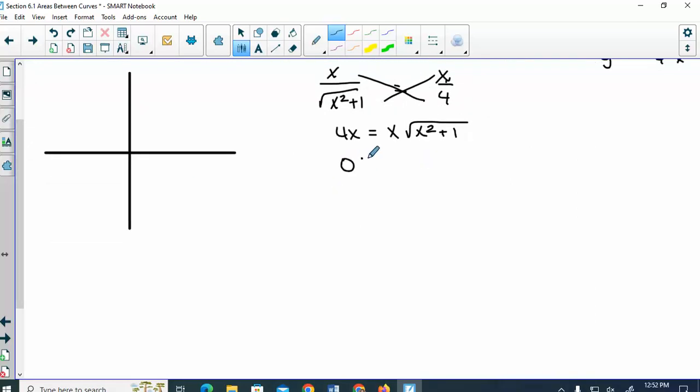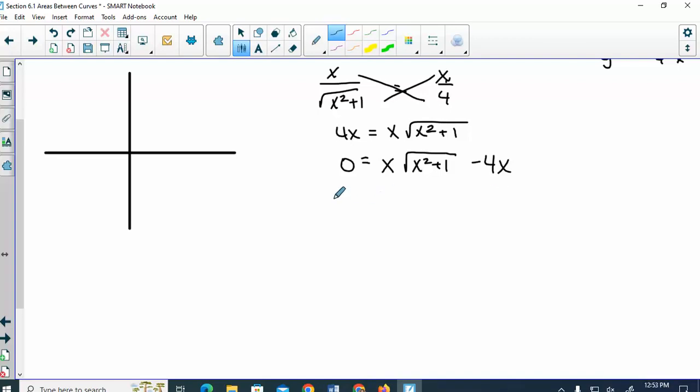If I set this equal to 0, I can't actually subtract those things. But what could we do? What did you say?